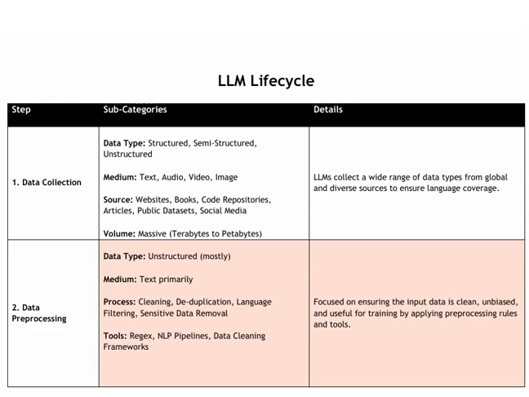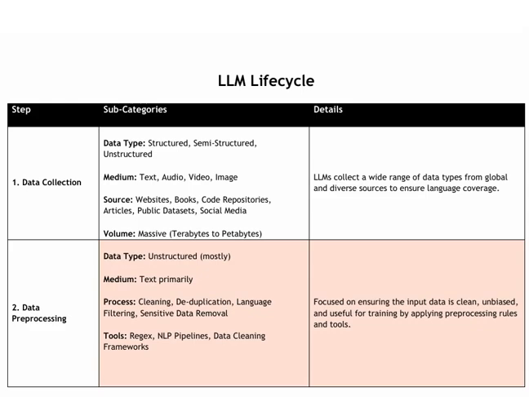I bet. Filtering by language, and maybe most importantly, removing sensitive data. Privacy is a huge concern. Right. What kind of tools do people use for that? Things like regex, which is kind of like a superpowered search and replace for text patterns, and also sophisticated NLP pipelines, these automated workflows designed specifically for processing human language. Data cleaning frameworks, too.